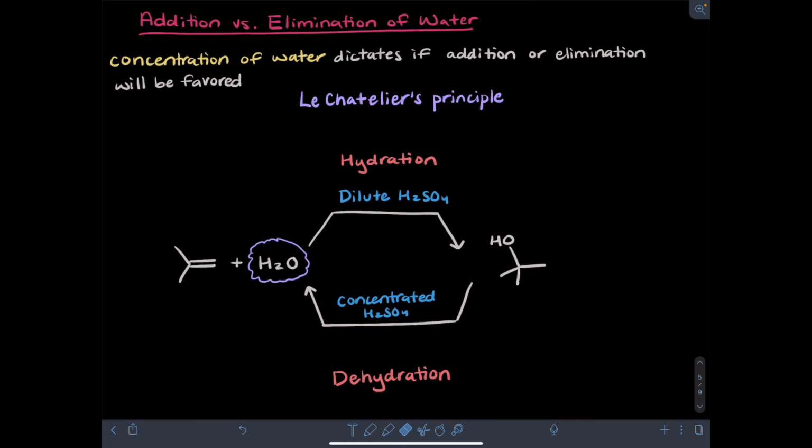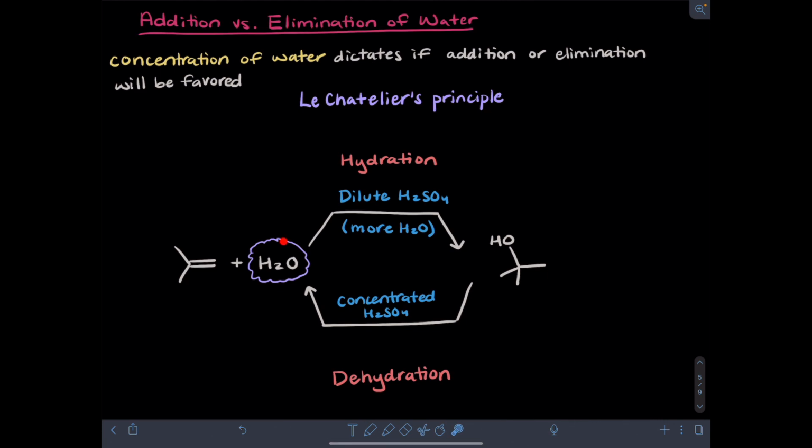We can explain which side of the equilibrium is favored by considering Le Chatelier's principle, where we're looking at the concentration of water. Think about the dilute sulfuric acid conditions as being conditions where you have a lot of water around.